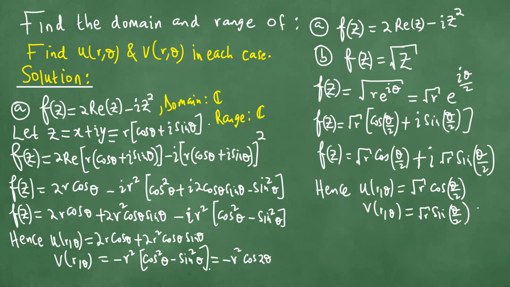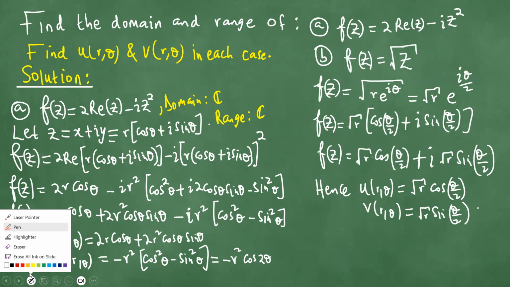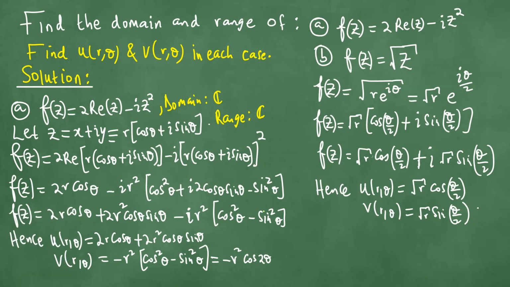We asked the questions in terms of the domain and the range. Let's answer those very quickly. At this point, you can see that the domain is the set of all complex numbers, because for all complex numbers this square root function is defined. Then what about the range?